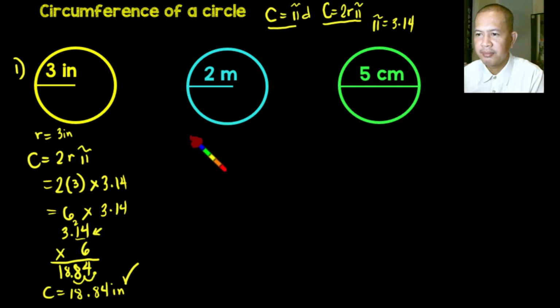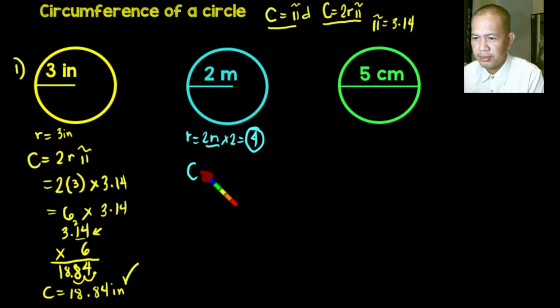Our given here is that the radius is 2 meters. We can double it because a diameter is twice the radius. Multiplying 2 to our radius, which is 2, you get 4. So our diameter here is equal to 4.